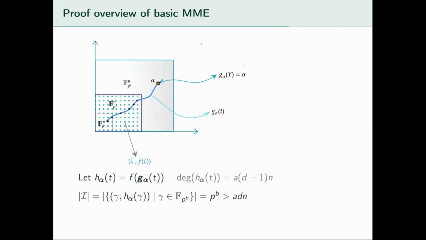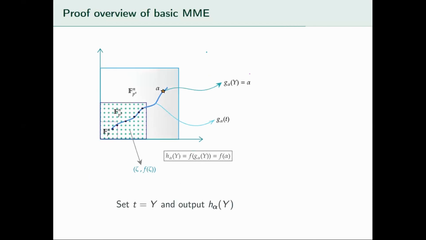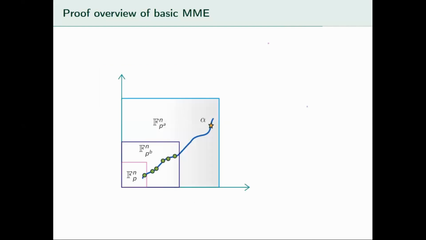Now we already know the evaluation of h_alpha at p to the power b many points, which is strictly greater than adn, and that's more than enough information to interpolate h_alpha. Once we interpolate h_alpha, I just set t to y, because h_alpha(y) is basically f(g_alpha(y)), and by the nature of the curve, we know that g_alpha(y) is alpha. That's why it will give you f(alpha).